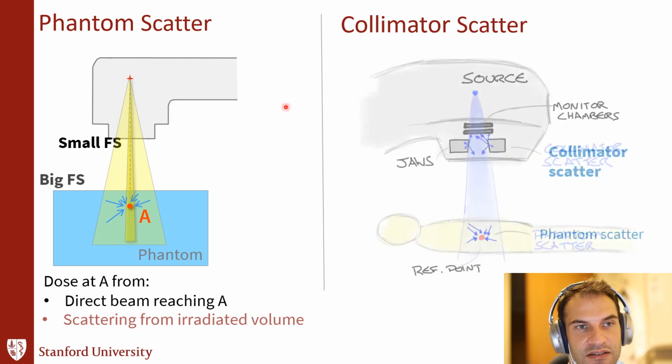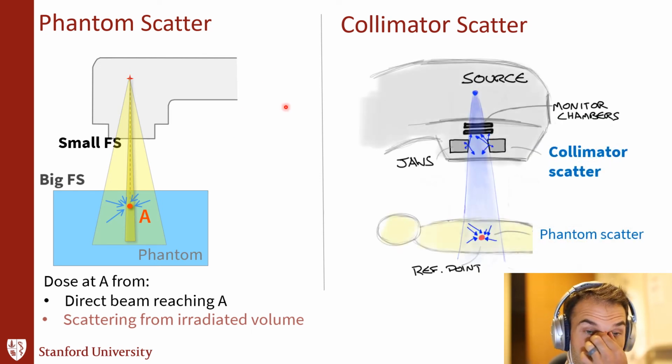Collimator scatter is a little bit more tricky. Collimator scatter is from the collimators, primarily the jaws in the various machines. Although some of it reaches the patient, most of the collimator scatter is actually affecting the monitor chambers. So it's changing the ratio of the dose at the reference point in the patient compared to the charge measured by the monitor chambers.